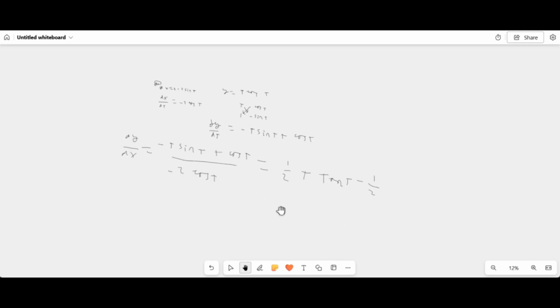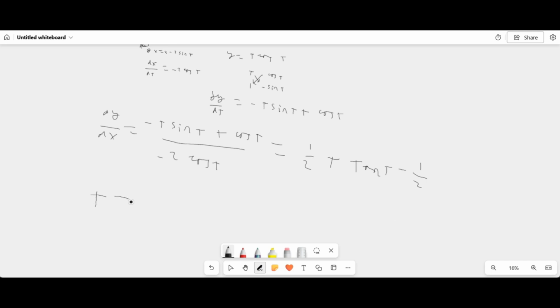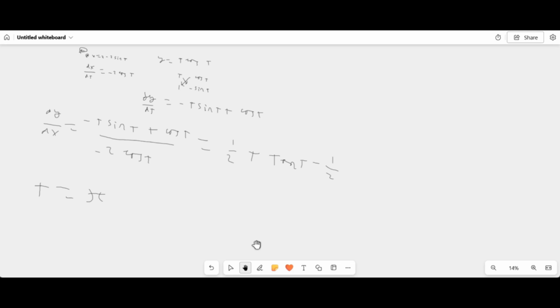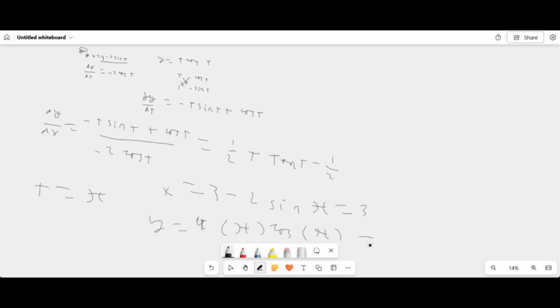Alright. Now you want to put t equal to pi here. So if t is equal to pi, you need to find the x coordinate, y coordinate, and the gradient here, so you can form the equation. So the x coordinate is going to be 3 minus 2 sine t, yeah? So 3 minus 2 sine pi, which is obviously going to be 3. Now find the y coordinate, yeah? So y is equal to t cos t, so pi cos pi, which is obviously going to be negative pi.